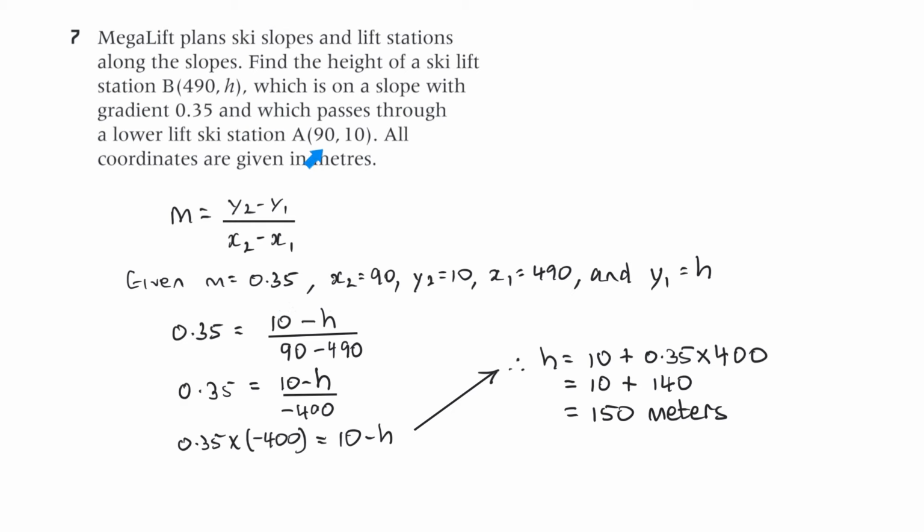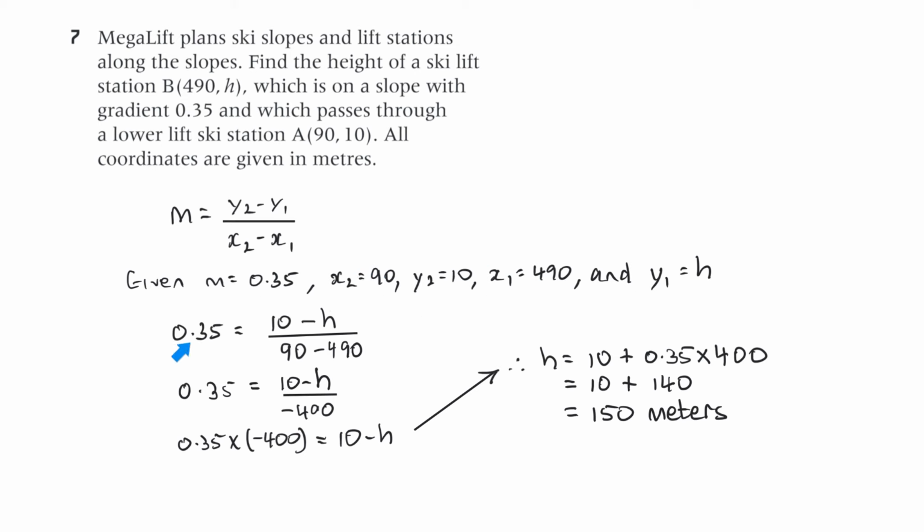We know y2 because that's given, that's 10. Do we know y1? Let's check. We don't know y1, so we'll call that h. On the bottom, we know x2 is 90, and we know x1 is 490. So there's only one thing we don't know, and that's this h.